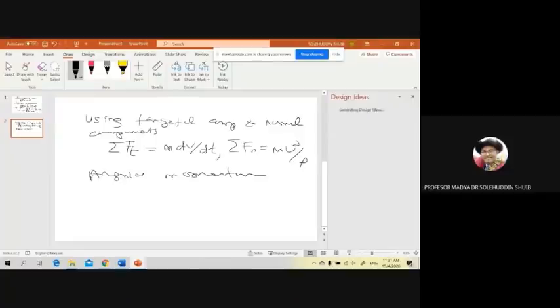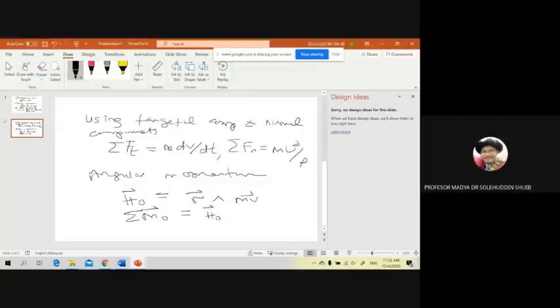Remember the equation H dot equal to position vector R, and then you also learn about the rate of change of angular momentum, which is summation of moment equal to H dot.